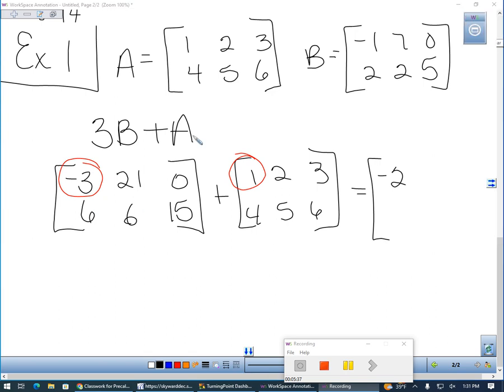Then we're going to add our A12 spot together, which is 21 plus 2, which is 23. Then I have 0 plus 3, which is 3. Second row, A21 is 6 plus 4, which is 10. 6 plus 5 is 11. Yes, 15 plus 6 is 21.